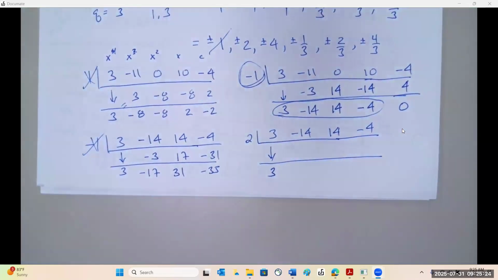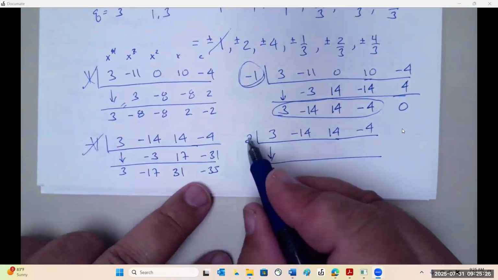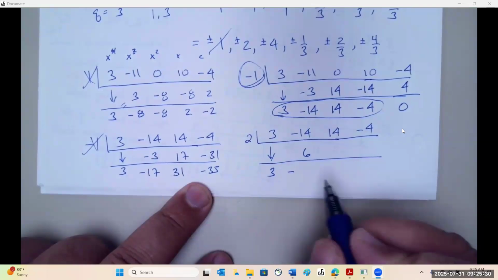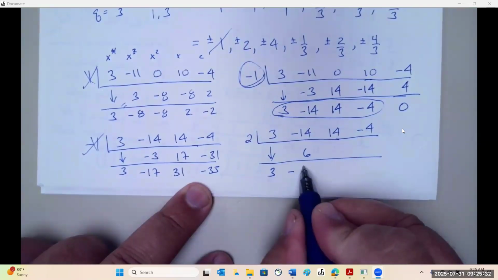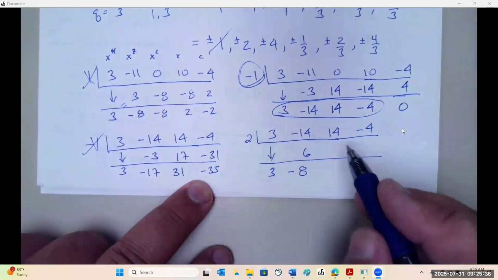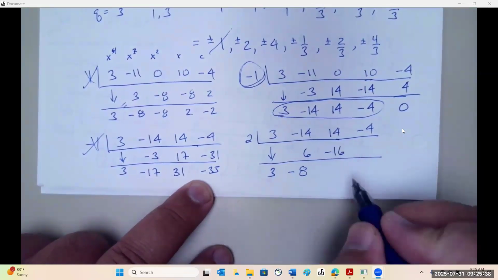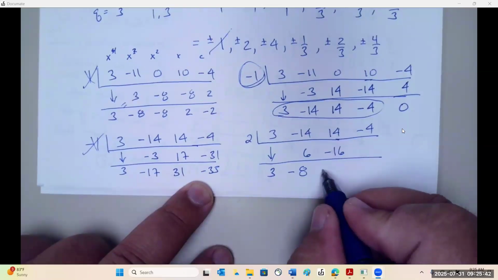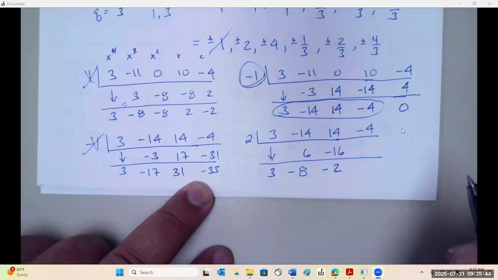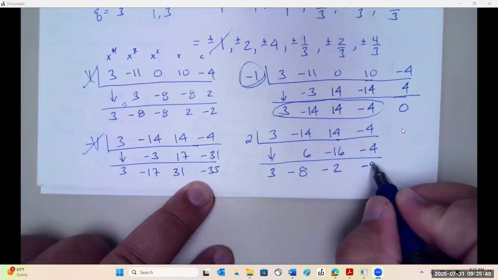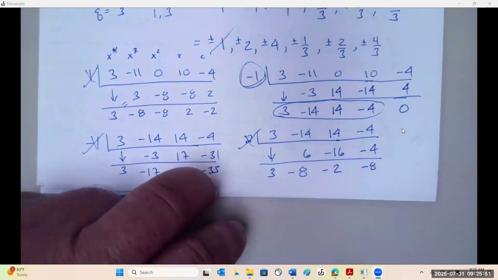Bring down the first term. 2 times 3 is 6. -14 plus 6 is -8. 2 times -8 is -16. -16 plus 14 is -2. 2 times -2 is -4. Makes it -8. No.